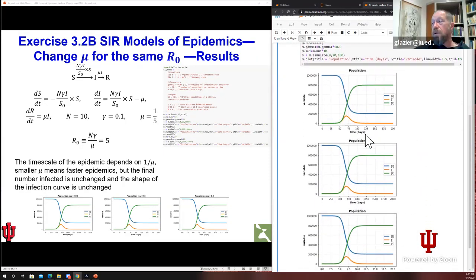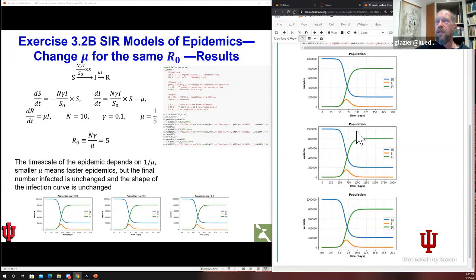Okay, so this is already showing you something interesting. What did I change? I changed gamma. That was the probability of infection per encounter. I made it smaller. And that's reducing not R naught, but it's reducing, actually I'm wrong here. I did reduce R naught. What I'm showing here is gamma 0.04, which is essentially dividing this by 2.